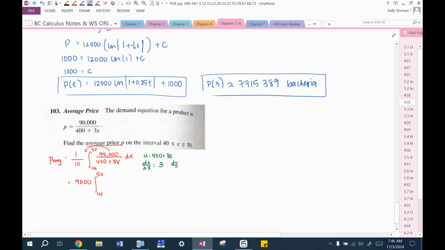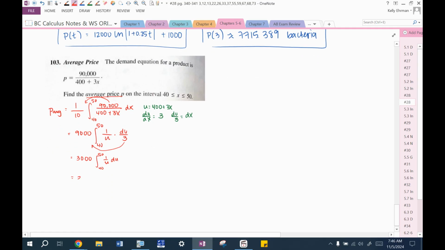So du divided by 3 is going to equal dx. So we have 1 over u, and then dx will be du divided by 3. So let's take the divided by 3 and put it out here. So now it's 3,000 times the integral from 40 to 50 of just 1 over u du.